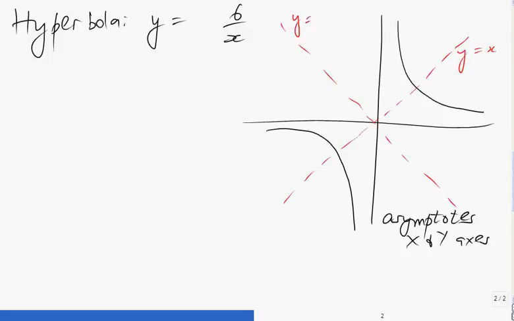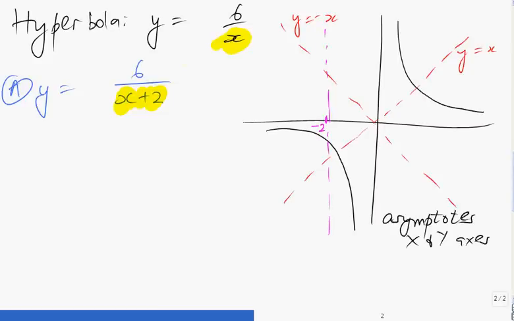Now let's consider what happens when you have a shift. Suppose you take y equals 6 over x plus 2. As we can see now, we have the x value becoming x plus 2. What this means is that the graph will shift 2 units to the left. So the entire system will now go 2 units to the left. It's like having the whole y-axis moved 2 units to the left to the point minus 2. That means the entire graph will now be drawn like this.